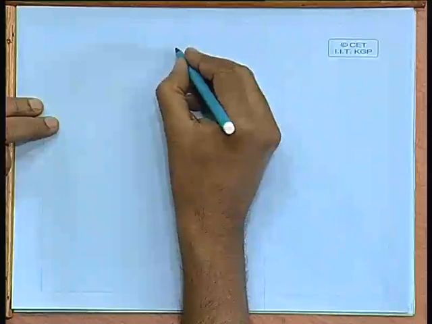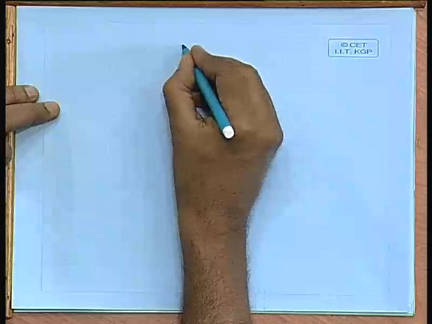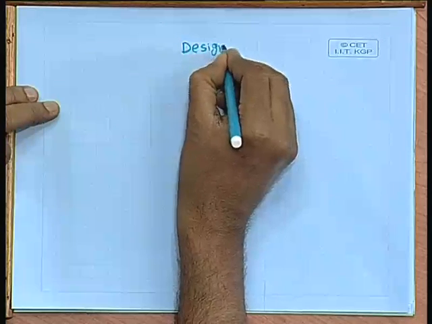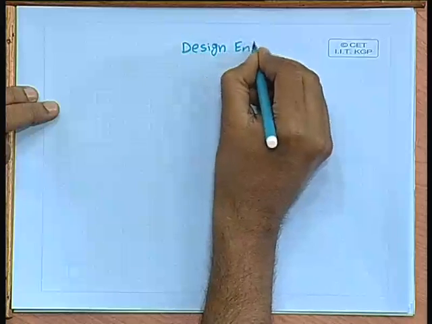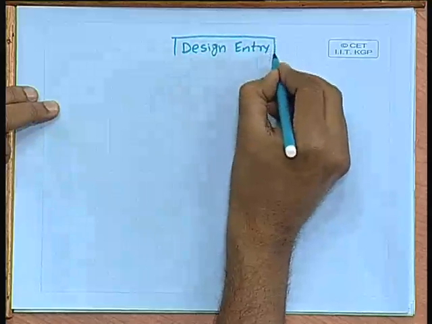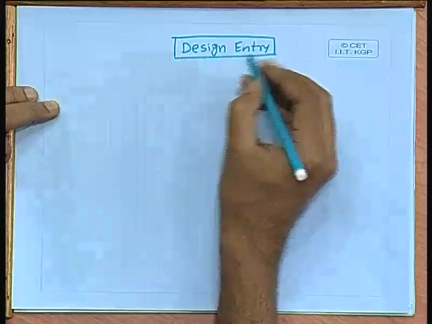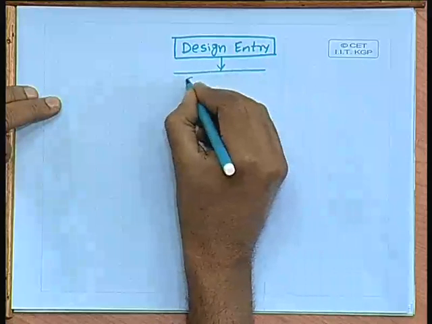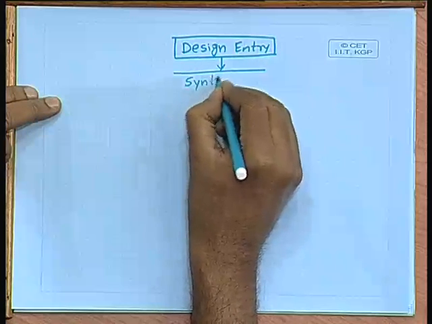So, I am showing you the overall steps once more. The first step is design entry, which is typically through a hardware description language, where you specify the behavior. Next step is of course synthesis. We have talked about several aspects of synthesis already.